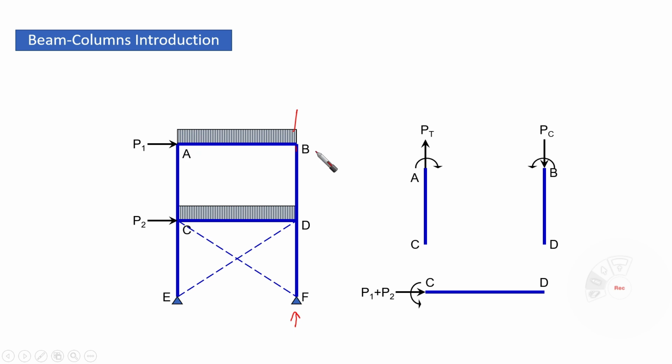And for beams, we are expecting that they have flexural straining actions under the lateral loads that are applied on their axis. But in reality, the issue is a little bit different than that.